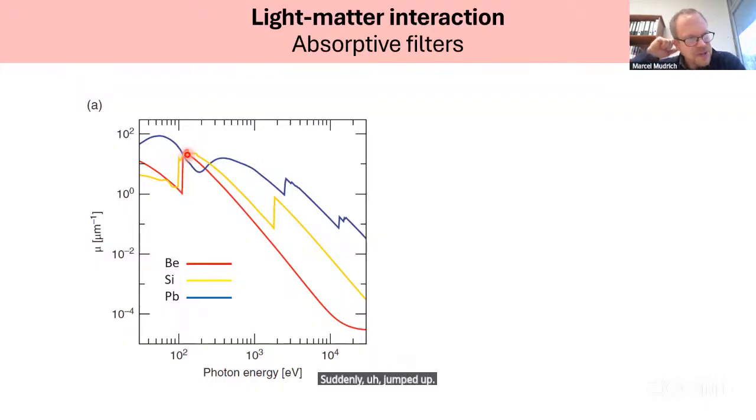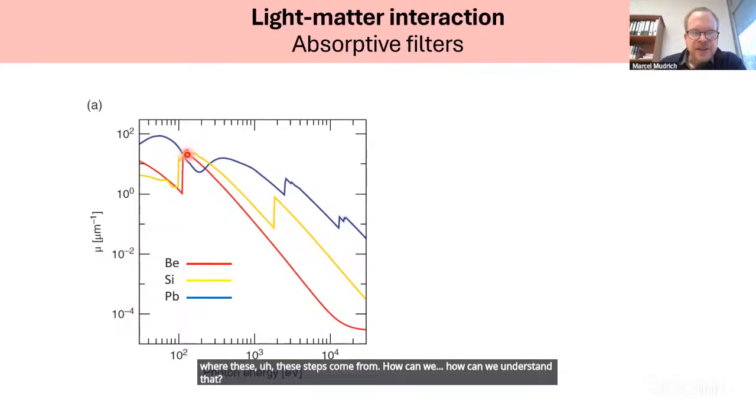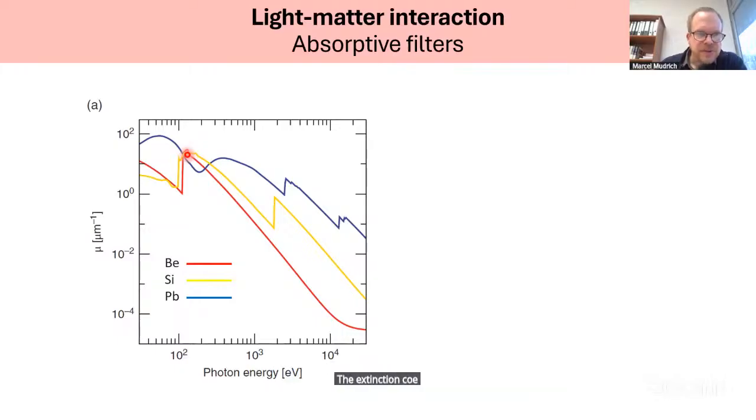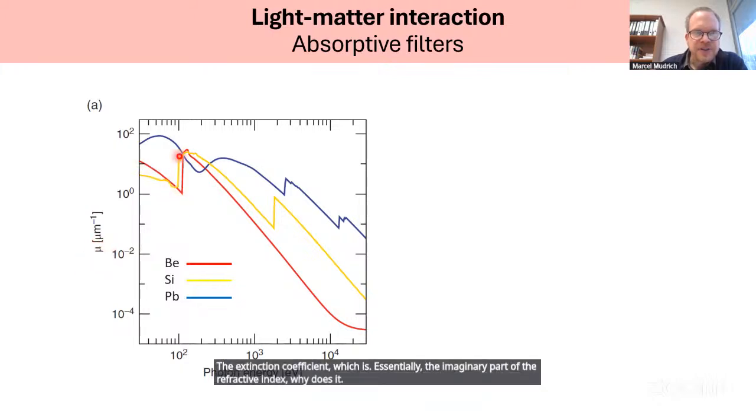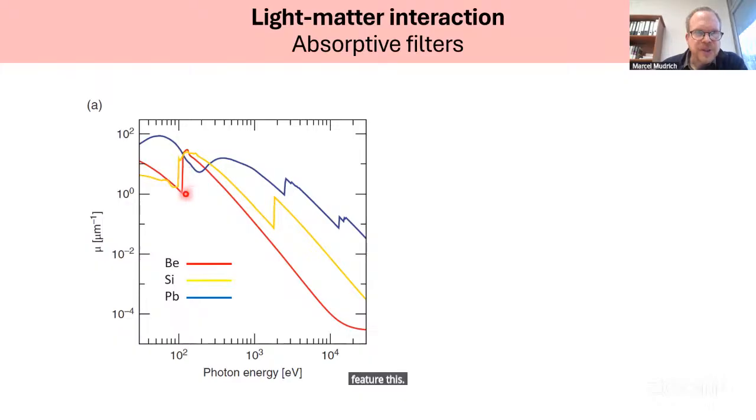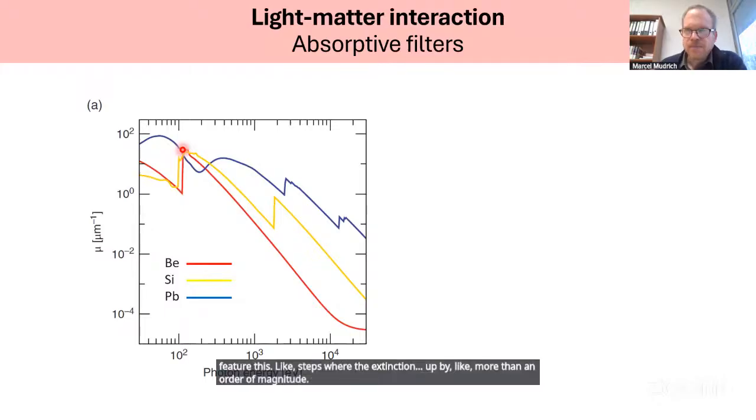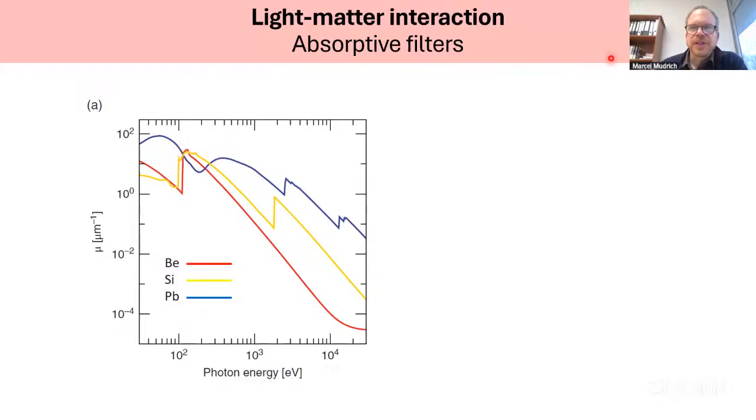So can somebody tell me where these steps come from? How can we understand that the extinction coefficient, which is essentially the imaginary part of the refractive index, features these steps where the extinction jumps up by more than an order of magnitude? Can anybody tell me?